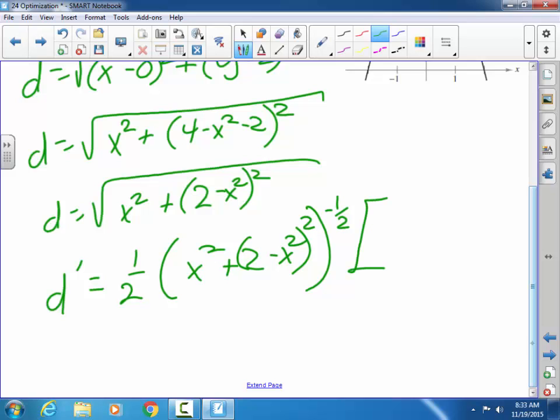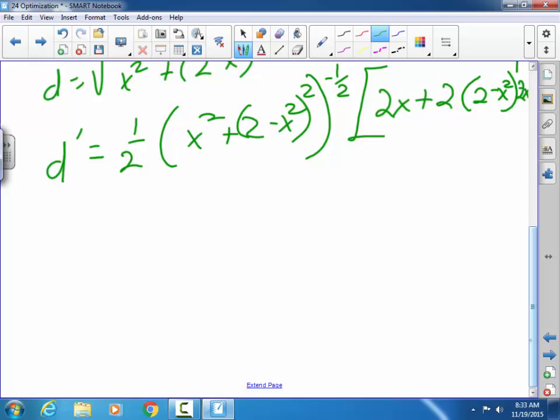Now, what's the derivative of the inside stuff? 2x plus, how are we going to take the derivative of (2 minus x squared) quantity squared? Chain rule again. 2 minus x squared to the first times a negative 2x, right? Boy, wasn't that fun. So let's clean that up a little bit more, okay?